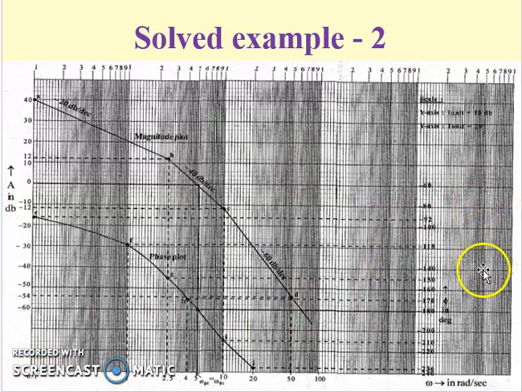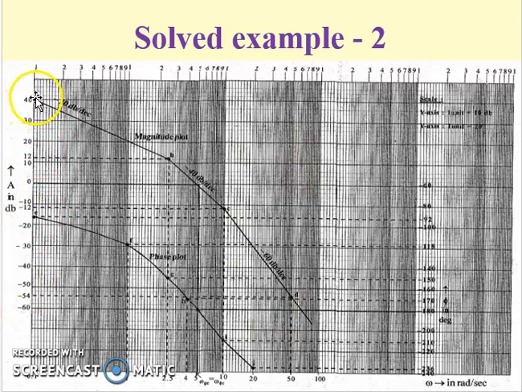So let's see the graph. I've taken this as point 1, so this is 1, this is 10, this is 100, 1000 and 10,000. This is your omega in radians per second. Since my magnitude plot involves values from minus 54 to plus 40, these are the dB magnitudes chosen: 0, 10, 20, 30, 40.